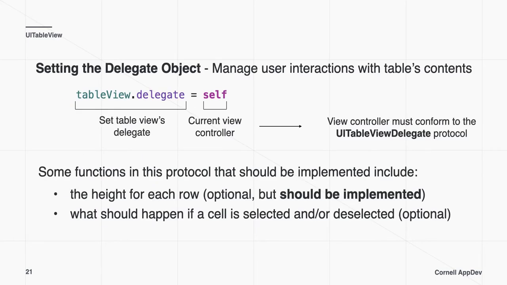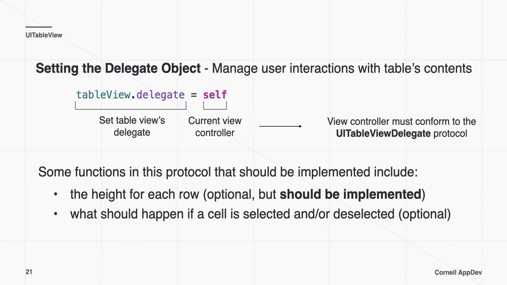And then you also have to put UITableViewDelegate. This is another protocol that's already defined. If you want to have some user interaction with the table content, then you would say tableView.delegate is equal to self, and then conform to the protocol.